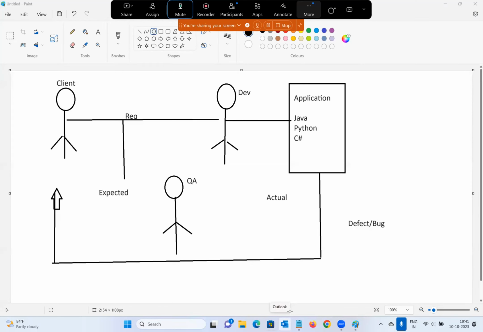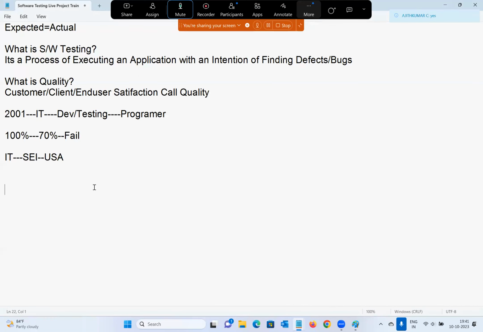Okay, now let's enter into the subject. What is error, defect, bug, and failure?